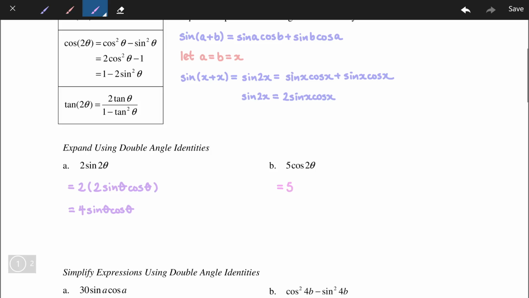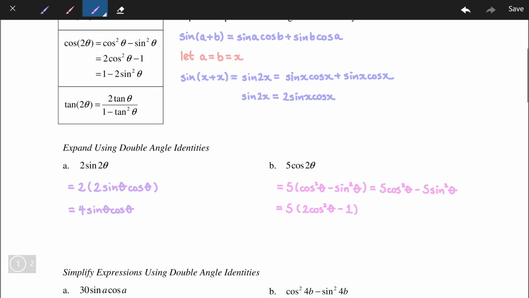So instead of cosine 2 theta here, for example, we can rewrite it as cosine square theta minus sine square theta. And of course, we can multiply this out. So we have 5 cosine square theta minus 5 sine square theta. So that's one possibility. We could also have used the second variation here. So we can have 5 times and then 2 cosine square theta minus 1.